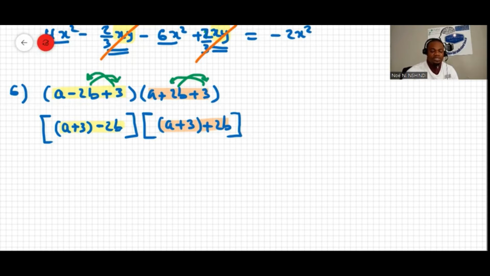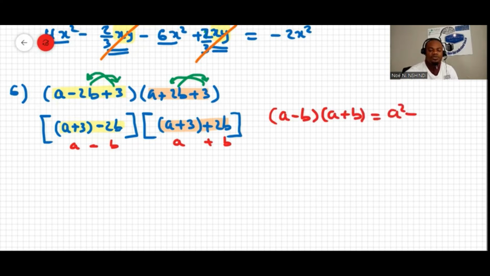Now, note this is the form a minus b times a plus b. This is actually a product that leads to a difference of two squares, a squared minus b squared.